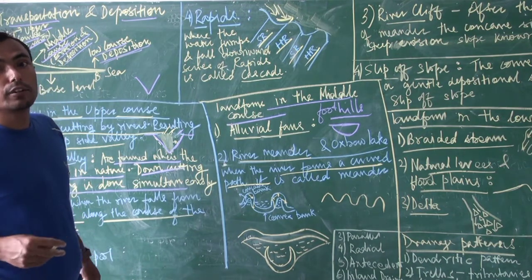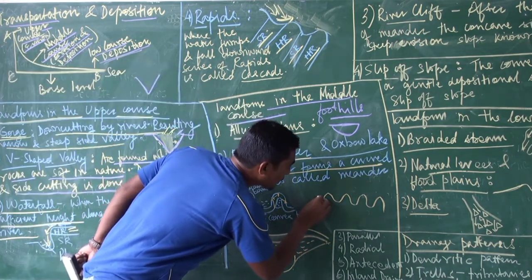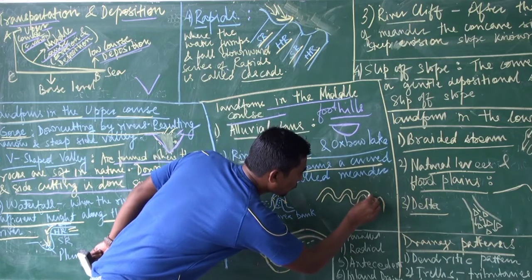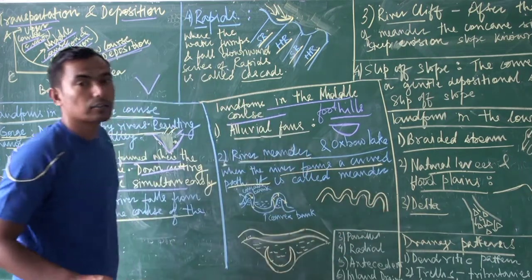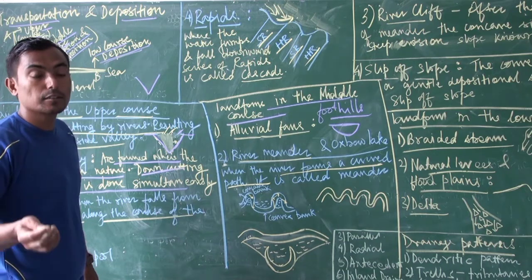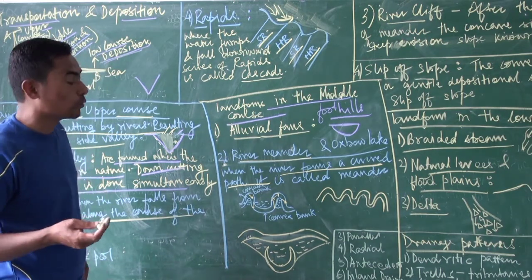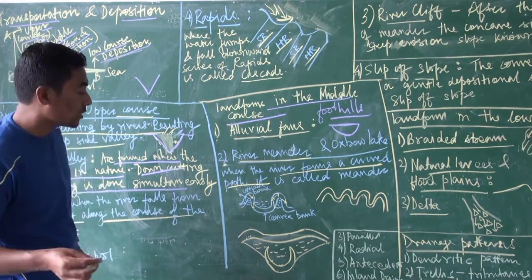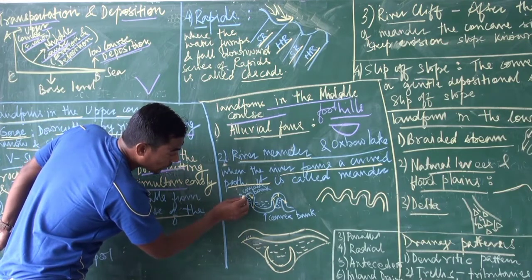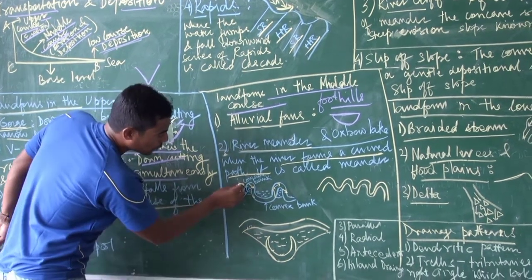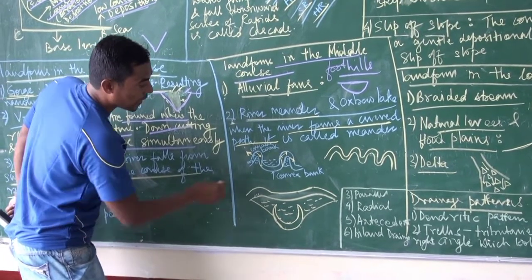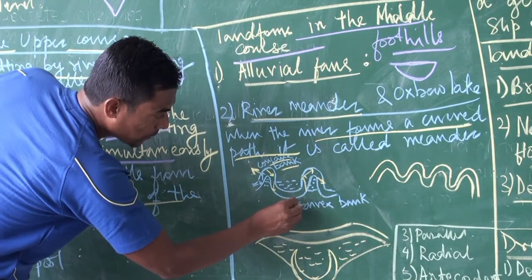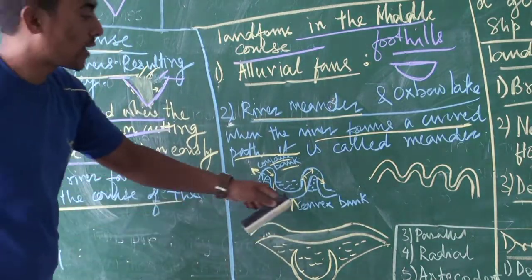Now, after the formation of the meander, the river becomes very sluggish, because as the river flows along the curved path of the river course, it becomes very sluggish. So as the river becomes very sluggish in nature, the upper part of the meander is called the concave bank, and the lower part of the meander is called the convex bank.